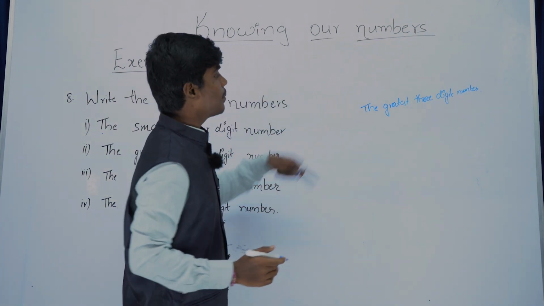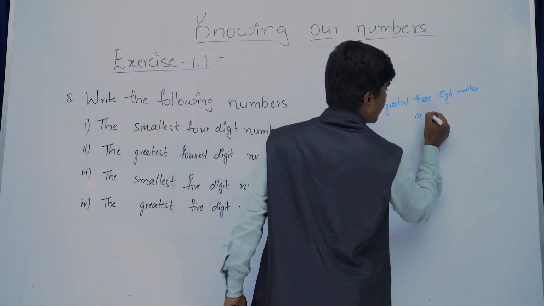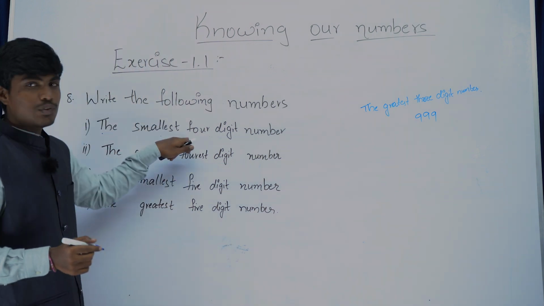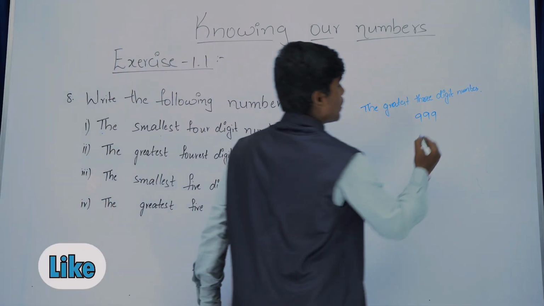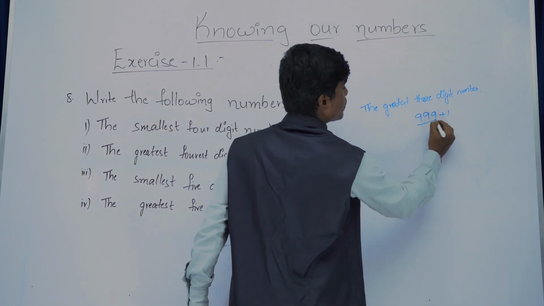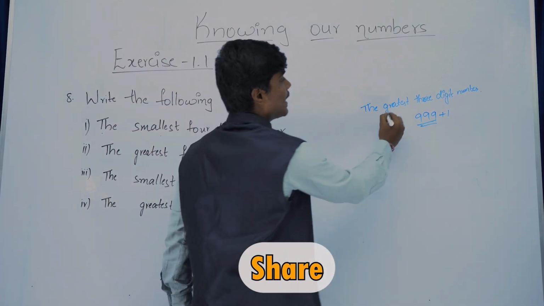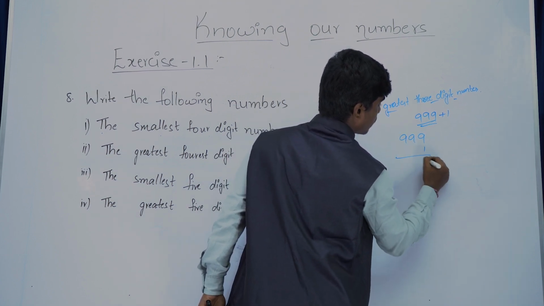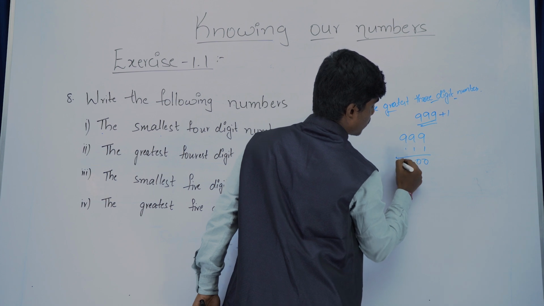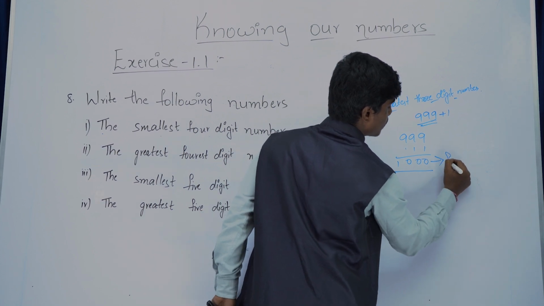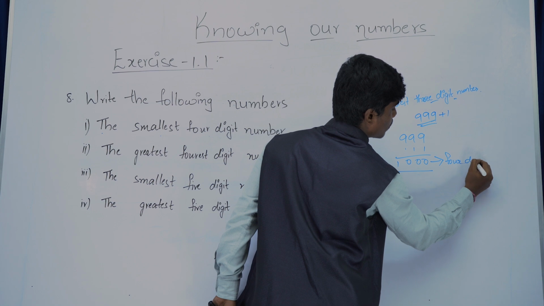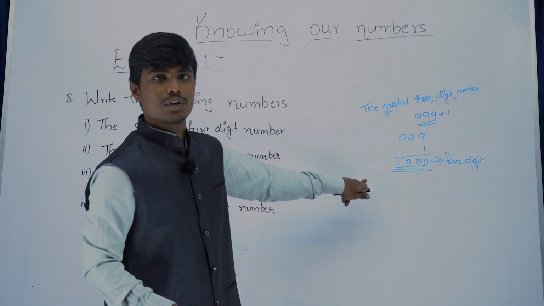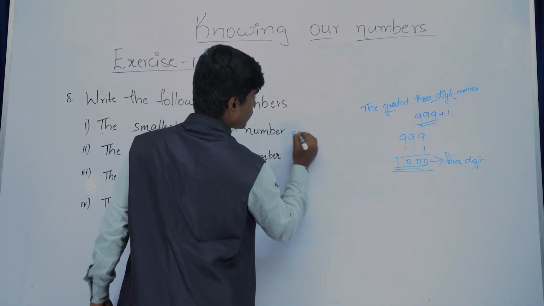The greatest 3-digit number is 999. If we add 1 to the greatest 3-digit number, we get a 4-digit number. This is the smallest 4-digit number.